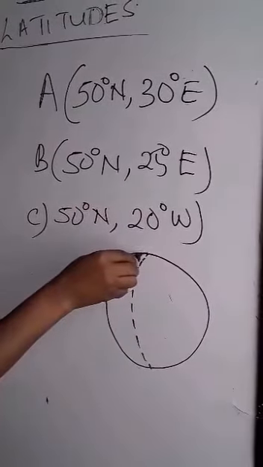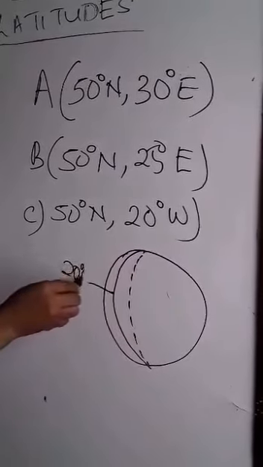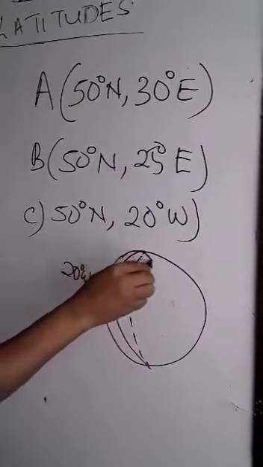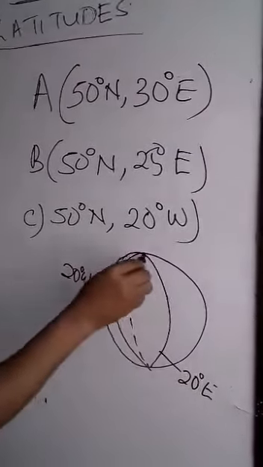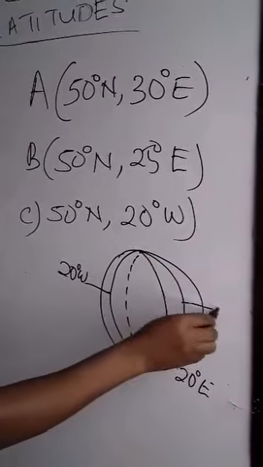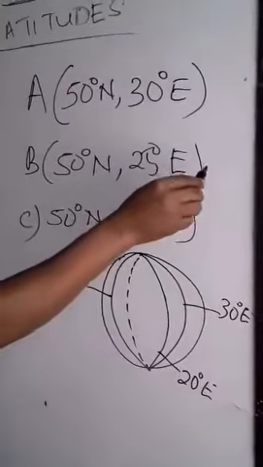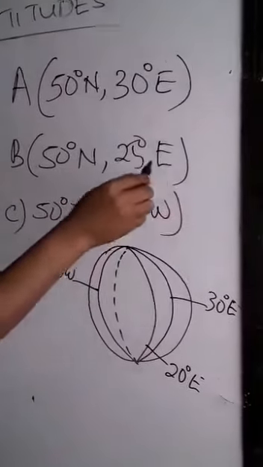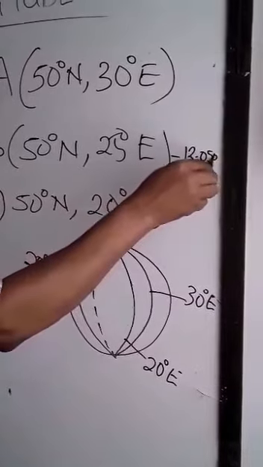So we have 20 degrees west, 25 degrees east, and 30 degrees east.